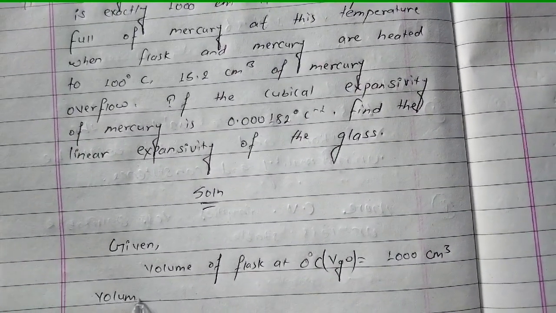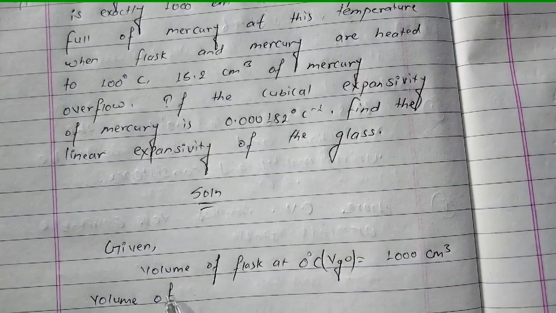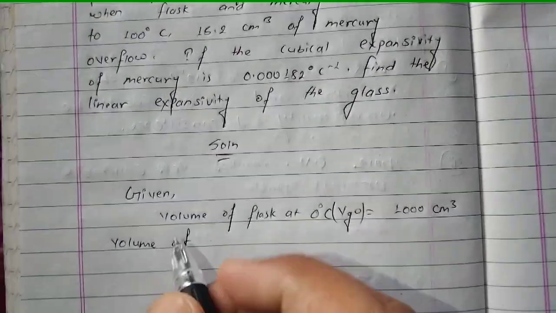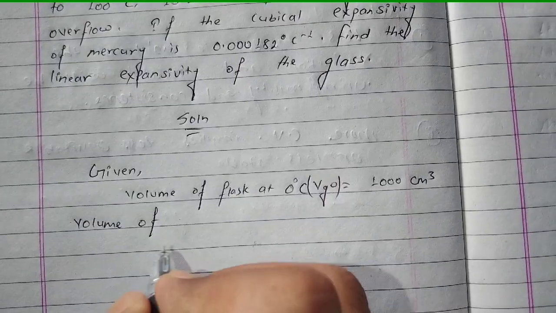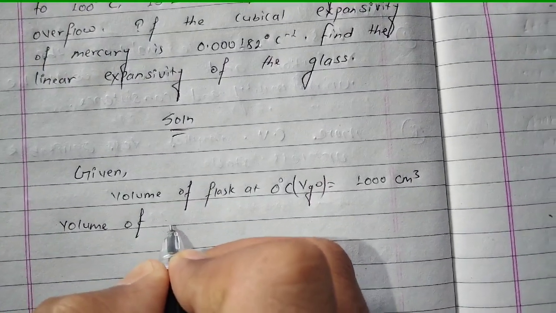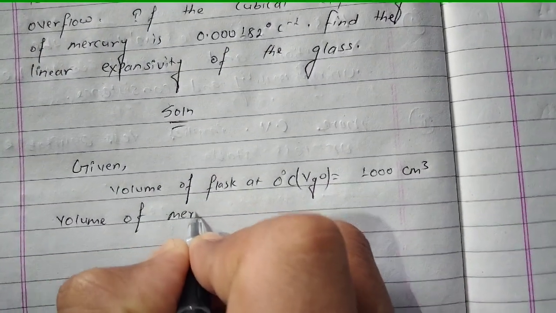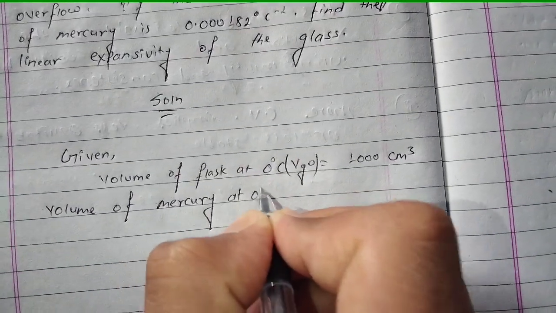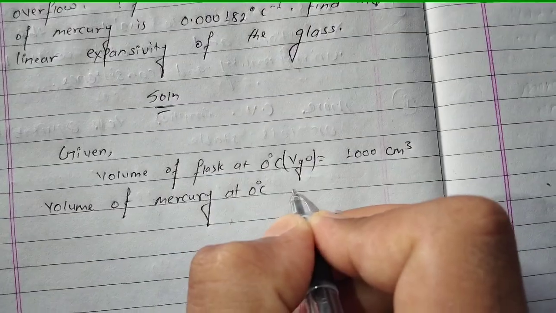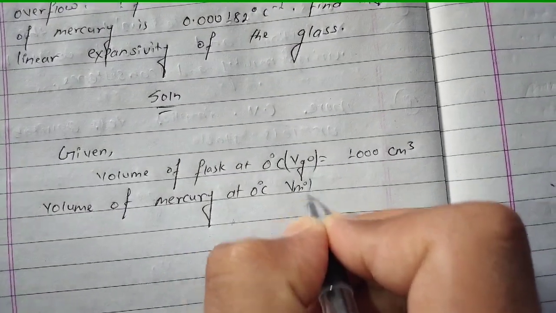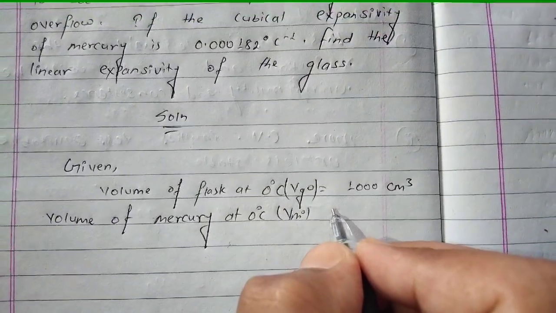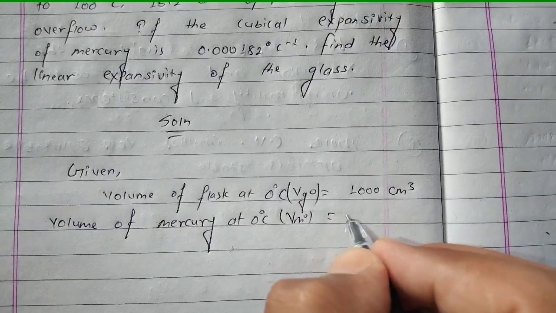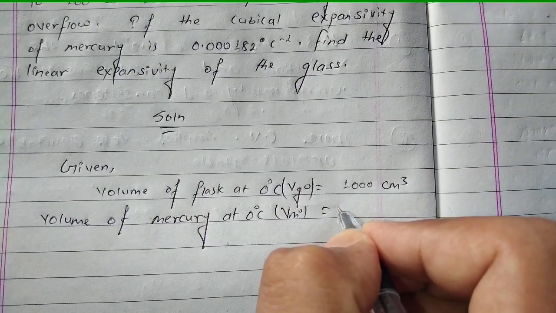Volume of mercury at 0 degrees Celsius, Vm0 equal to 1000 cm³.